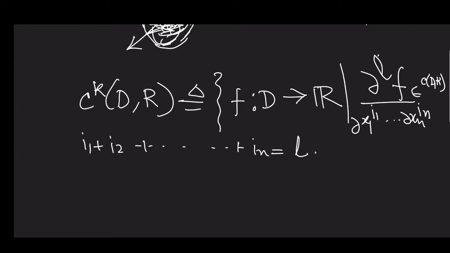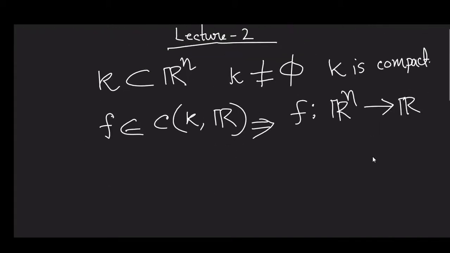In this way, obviously here l is less than or equal to k. This is the definition, right? Now what I am going to state here is that if f is a function defined in this way, then two conclusions we can draw.